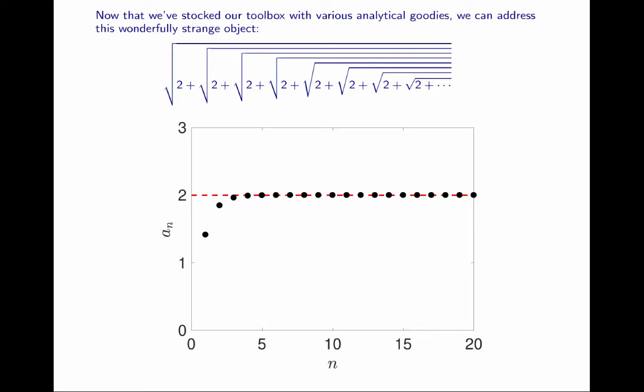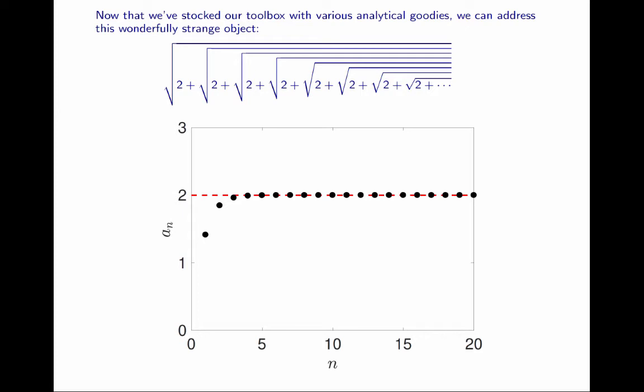That's what it looks like if we plot them. It certainly does look like it converges to, well, the number 2. It appears that way. Not only does it appear like it converges to the number 2, it appears as if it's strictly monotonically increasing. And it certainly looks to be bounded.